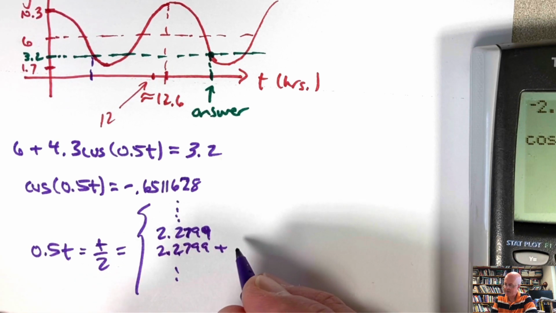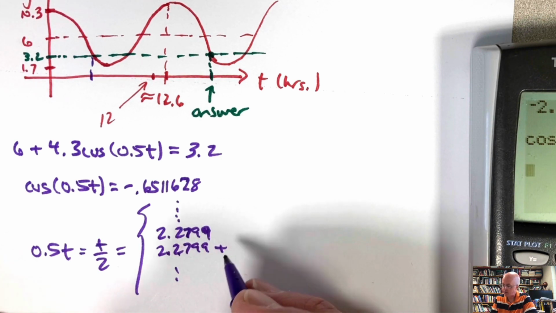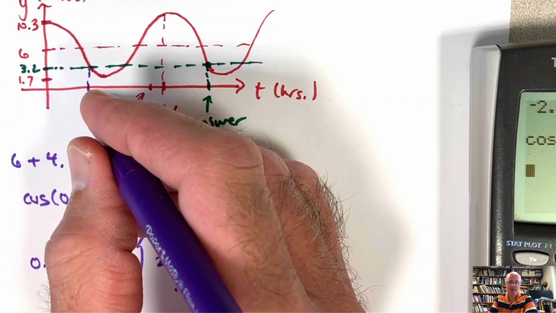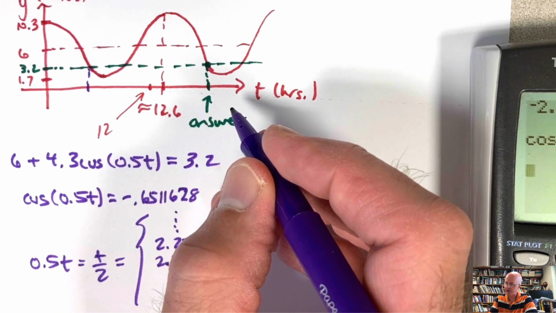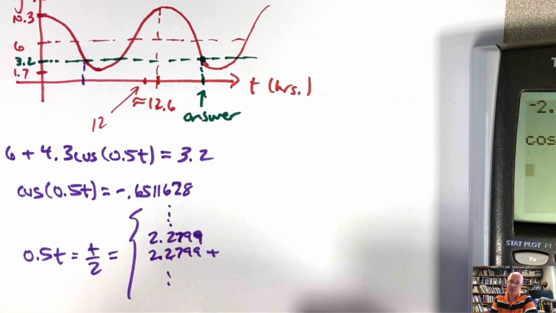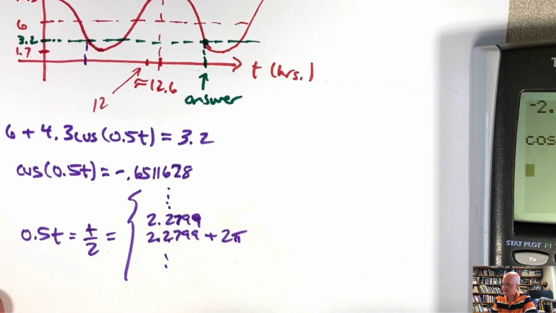I could add a period of the cosine or sine function right away here before multiplying by 2. Or I could take this answer and add a full period of this function, which is 4 pi. Okay, 2 pi times 2 is 4 pi. Let's do it this way.